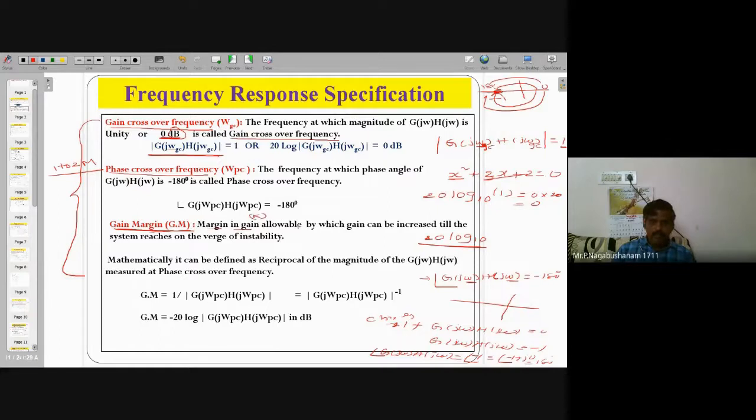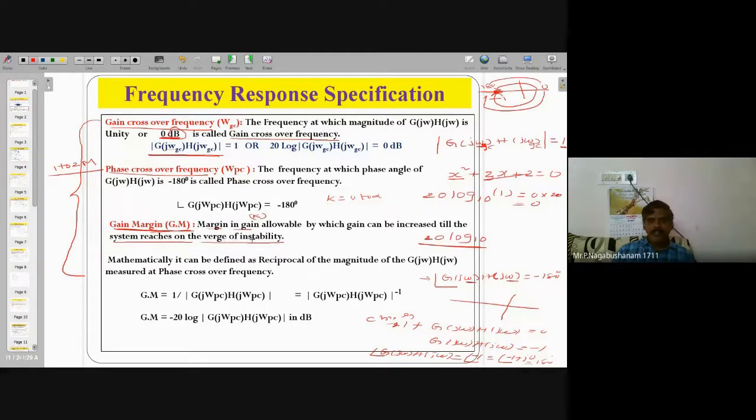I told you K is varying from 0 to infinity in root locus. Margin in gain allowable by which the gain can be increased till the system reaches the verge of instability. That means we can increase the gain from 0 to some certain value until the system reaches instability.